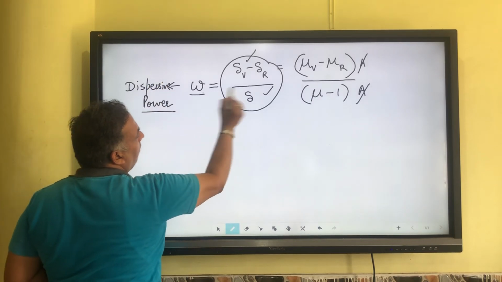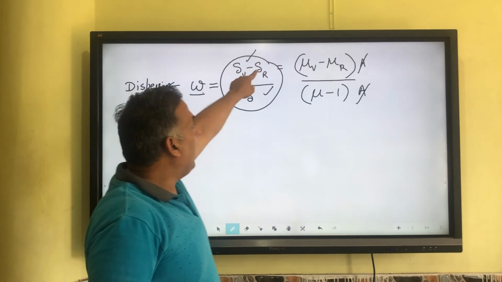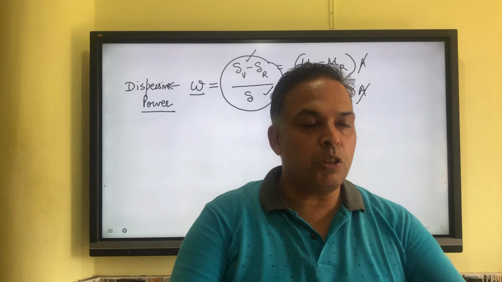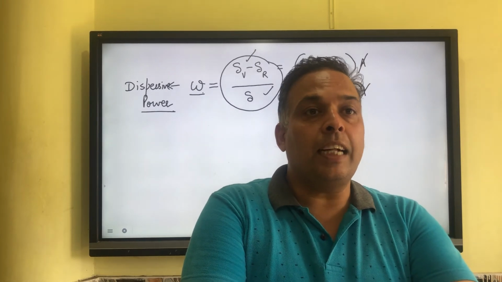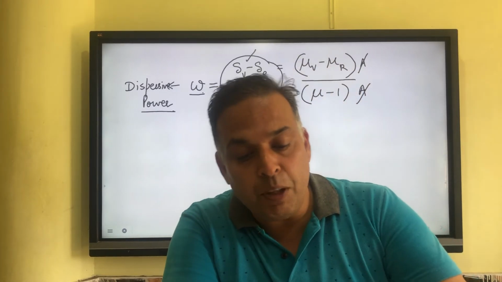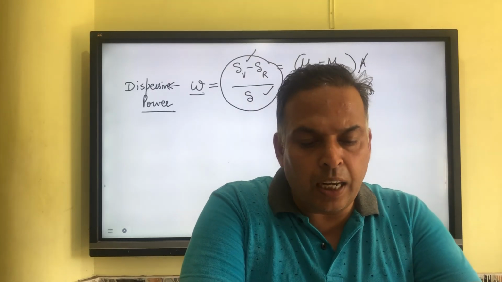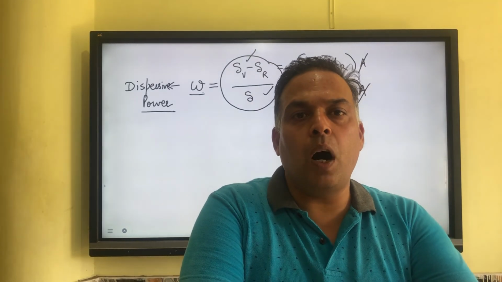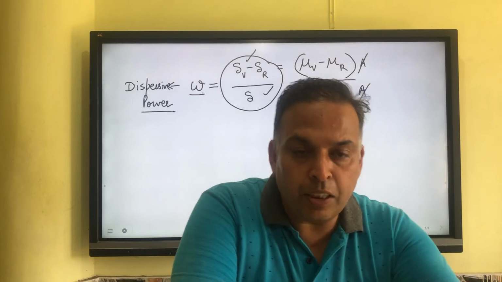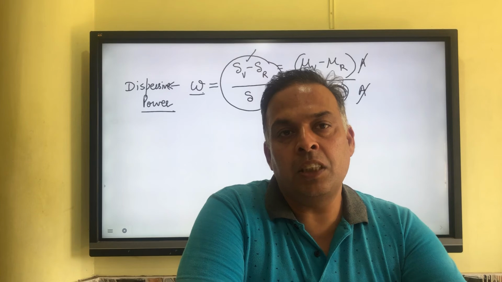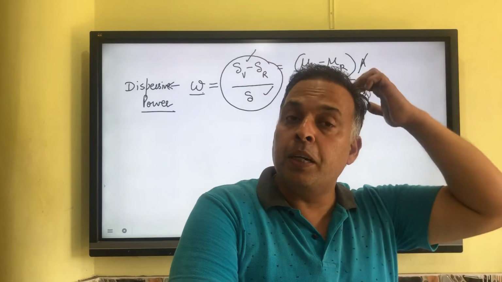Dispersive power is the ratio of angular dispersion to the mean deviation, and it depends upon the material of the prism. This is with respect to any two colors. It is defined as the ratio of angular dispersion for two colors to the mean deviation produced by the prism.